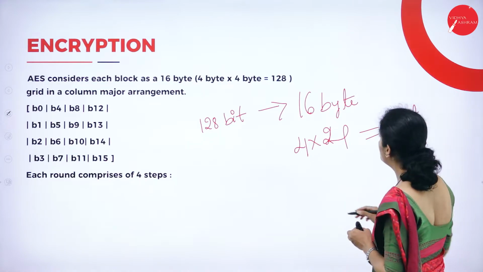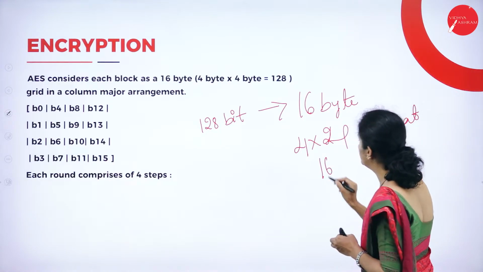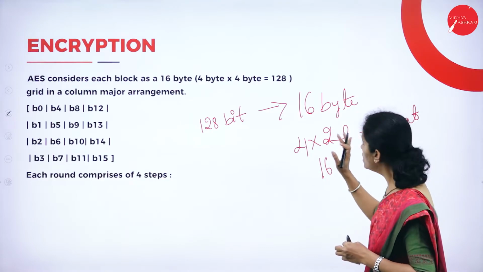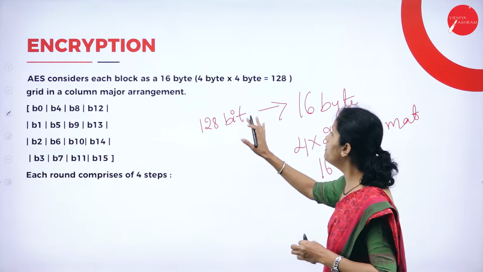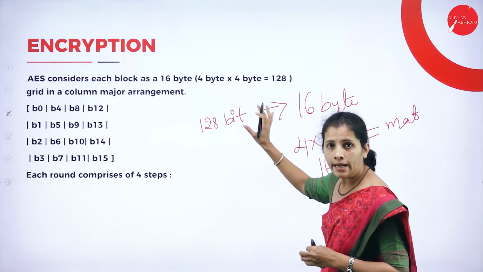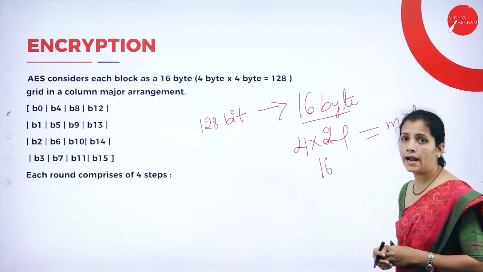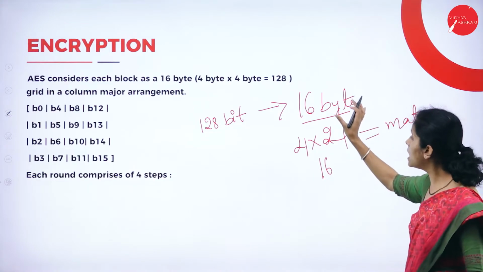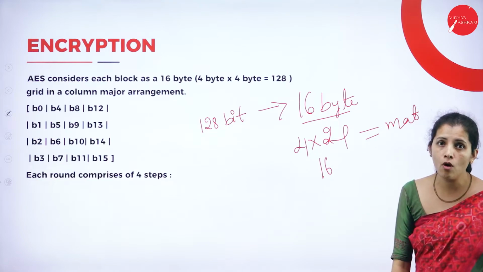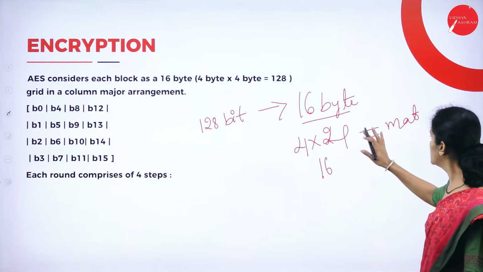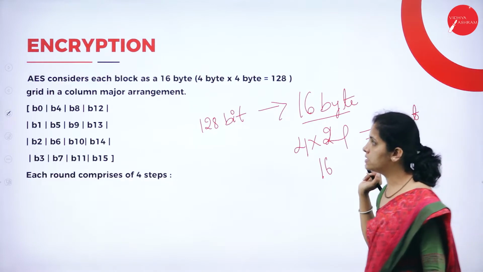So 4 cross 4, it is 16. So dear student, I repeat here, all the 128-bit plain text is treated as 16 bytes, and these 16 bytes are represented in the form of 4 rows and 4 columns. That is nothing but the matrix representation.